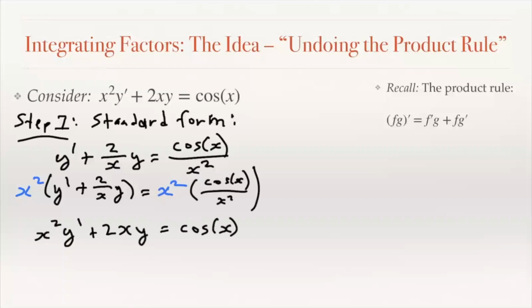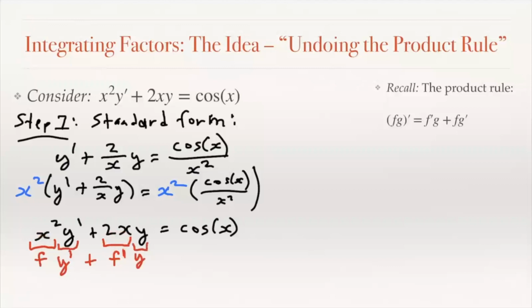And now here's the observation. This is now of the form where we call this f. This is f y prime plus, notice that 2x is the derivative of x squared. So this is f prime, where that's f, times y.